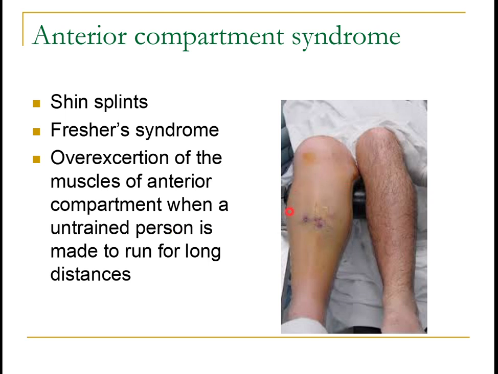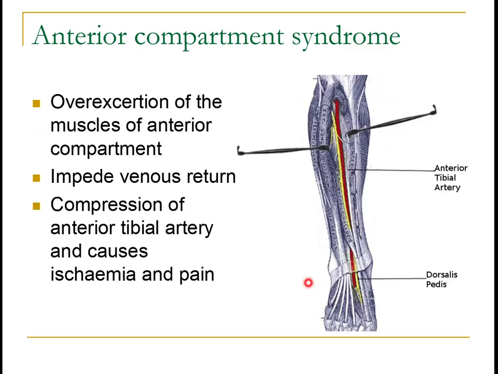So you can see here there is a swelling of the limb because of the overexertion of the muscles of the anterior compartment. Because of this overexertion, there is impaired venous return which can result in the compression of the anterior tibial artery, thus leading to ischemia and pain.